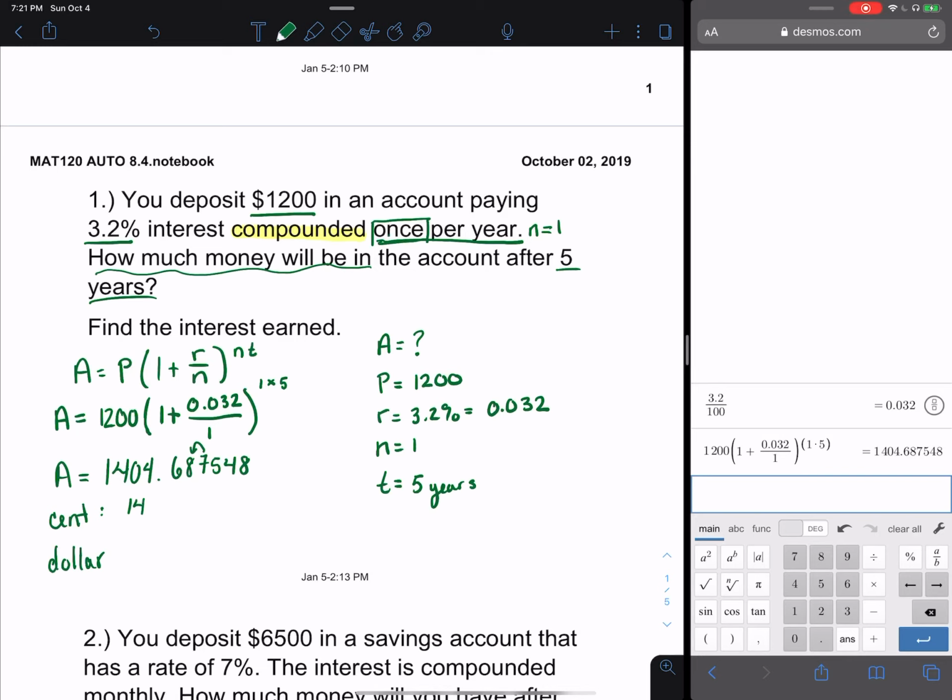So we'd have $1,404.69. If they asked us to round to the nearest dollar, the 6 also tells us to round up. So we'd have $1,405. Now that's the answer to the first question, how much will be in the account after 5 years?